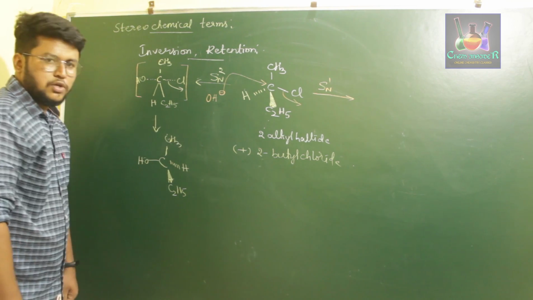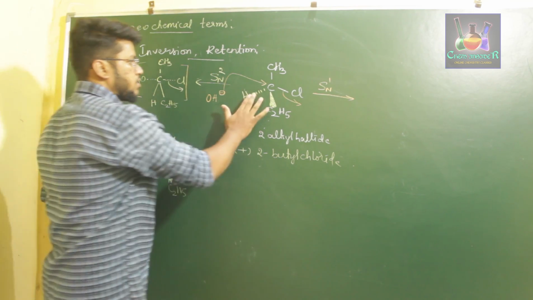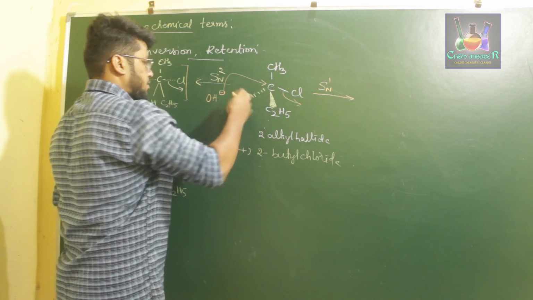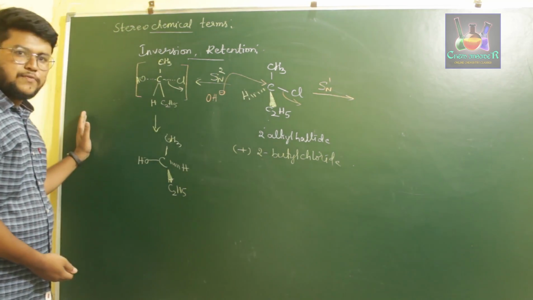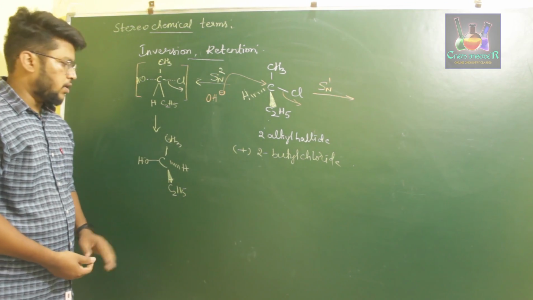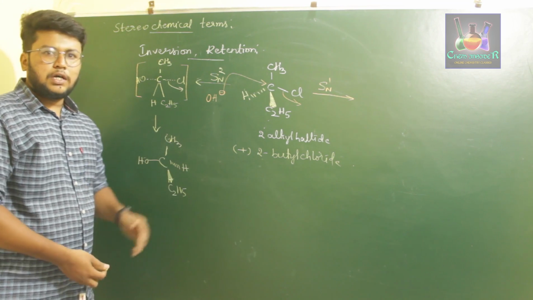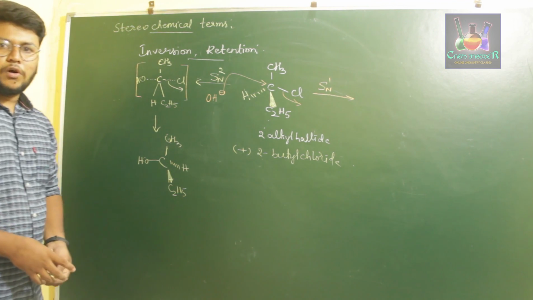So this is the geometry which we have got. In order to get a better idea, let us keep H on the dash bond itself. If you observe over here, the hydrogen which was present on the left side of the CH3 bond is now present on the right side of the CH3 bond. It was initially on the left side, now it is on the right side. So here there will be an inversion in configuration.